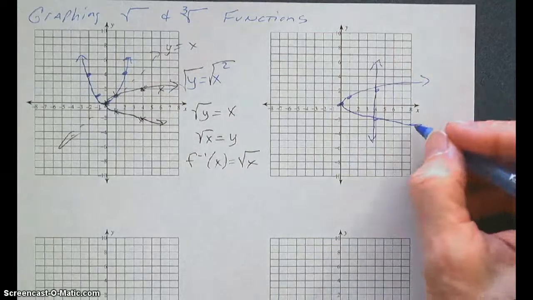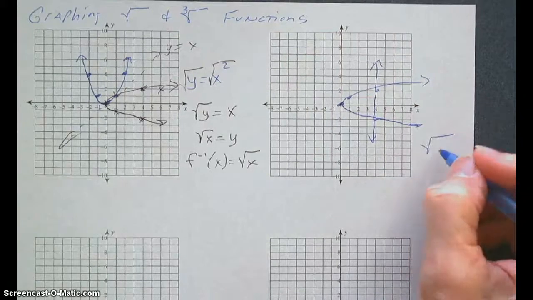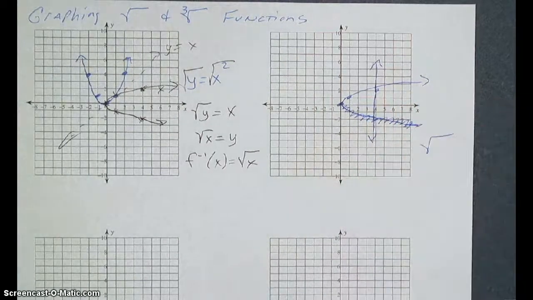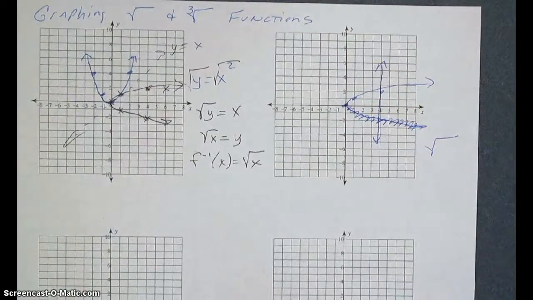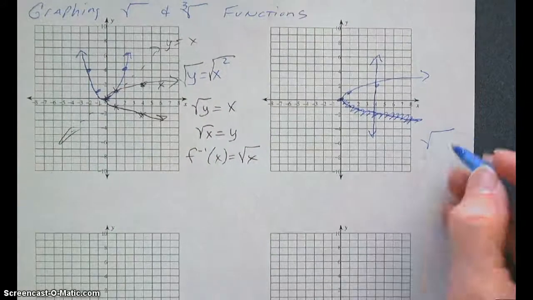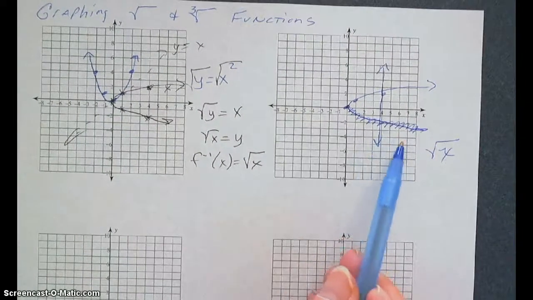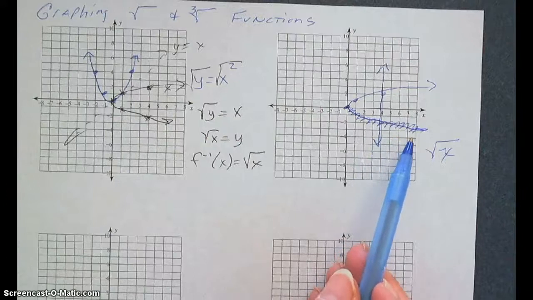So when we graph the square root function, we will only graph the top part. And why? Because when I graph the function y equals the square root of x, if I graph this bottom part, it will not be a function.